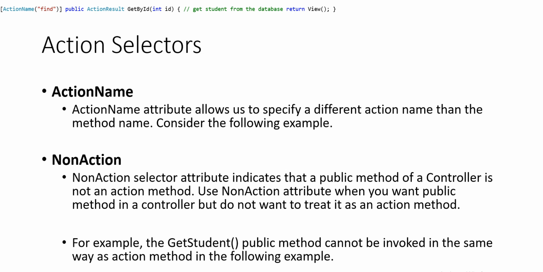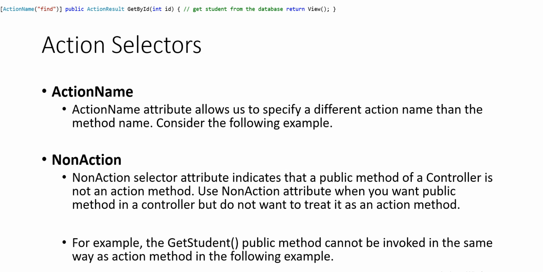It should be public. But if you write any method which we want to give access publicly, but we do not want to make it an action method, which will be fired after writing the name of that action method in the browser address bar, we will have to put this non-action just before the name of the action method, which we want to give access to the public but do not want to make that action method.